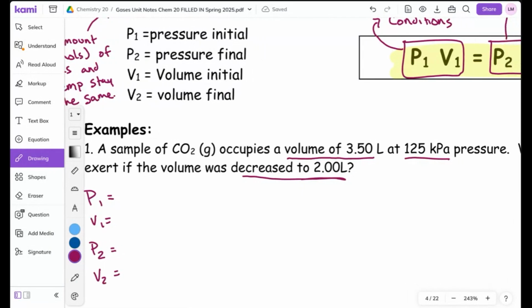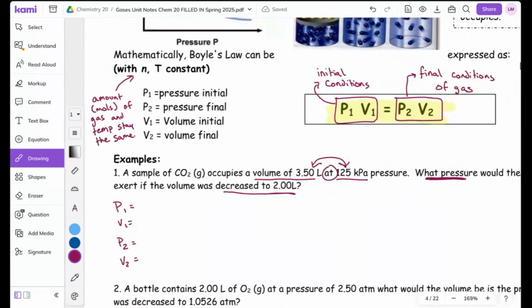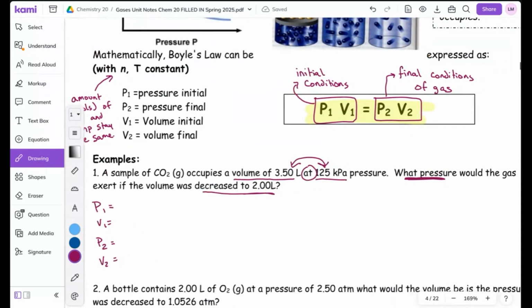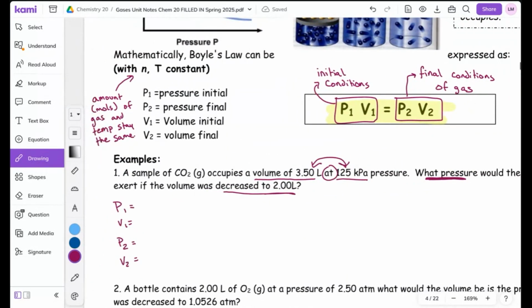Reading this question again, it occupies a volume of 3.50 liters at 125 kilopascals. This "at" correlates these two numbers. They both belong to the same set of conditions. Since this set of conditions comes first, 3.5 liters and 125 kilopascals are our initial conditions.